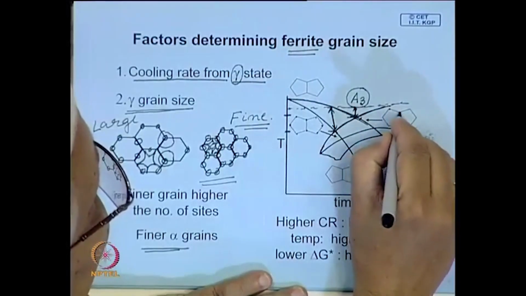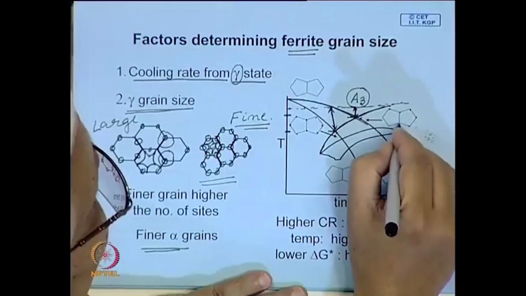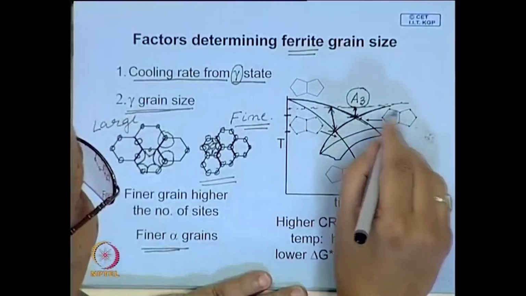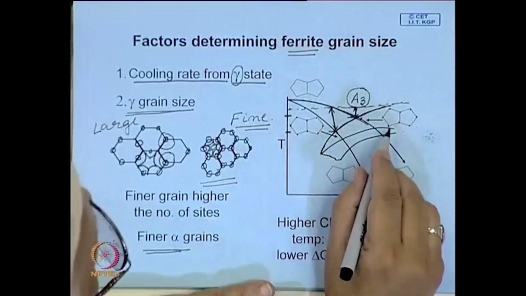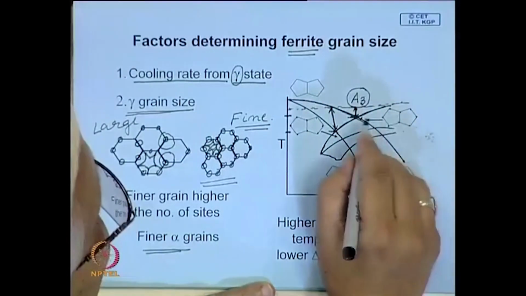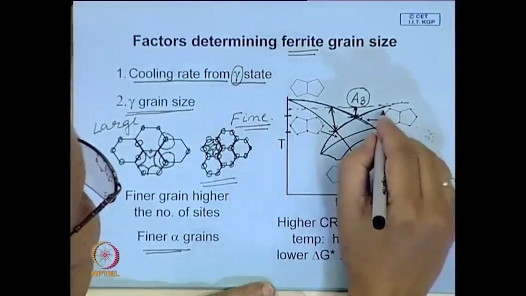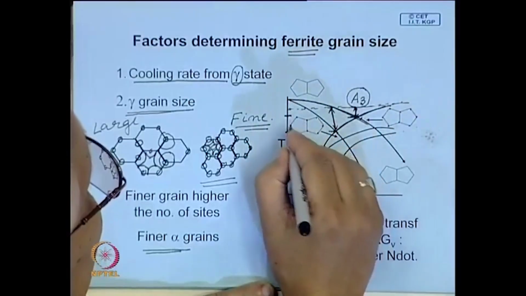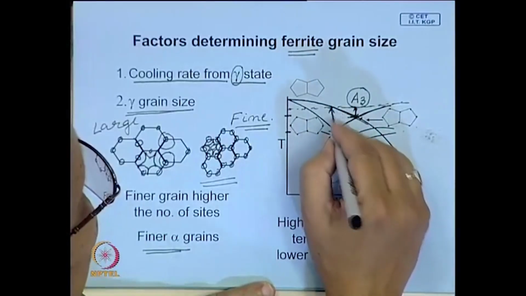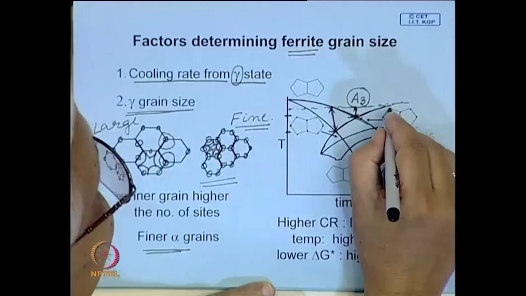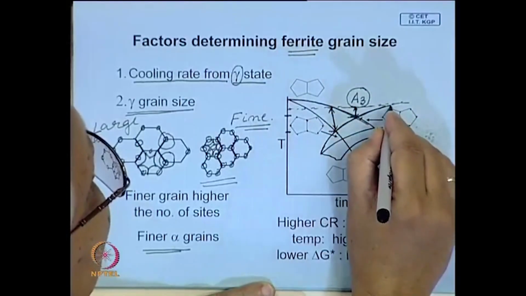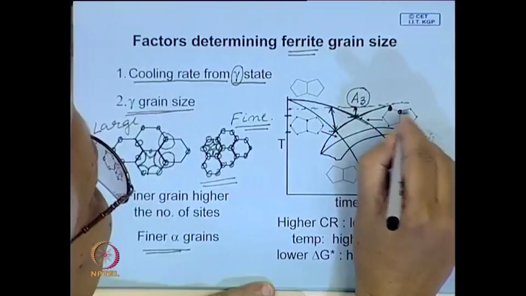Here also, let us say at these sites these grains have nucleated, and these fine grains grow through a diffusion controlled process. At higher temperature, diffusion rate is faster, and in this particular case, since the driving force for nucleation is more, this will be finer, where the critical nucleus is larger.